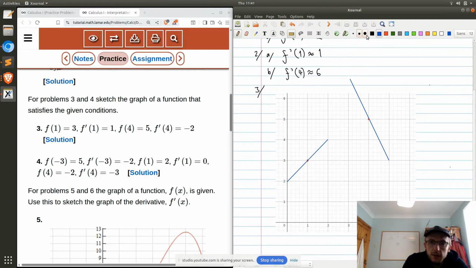And so all we have to do is make a function that passes through those 2 points and arguably and reasonably has these sorts of tangents there. So the easiest way to do that is to simply construct a piecewise function. That's the most straightforward way to guarantee that you get what you want.